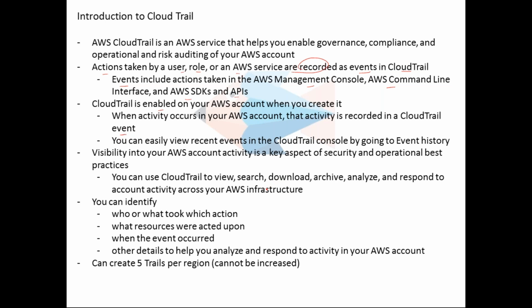You might not know it was logged for your account, but it is logged. It was enabled by default as soon as you created the AWS account, and you will see the last 90 days of activity in your account.